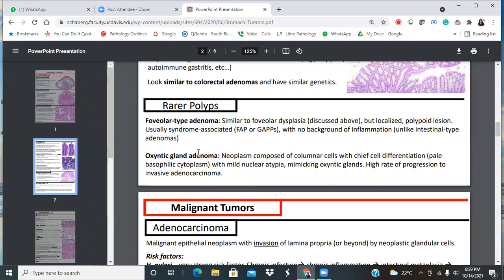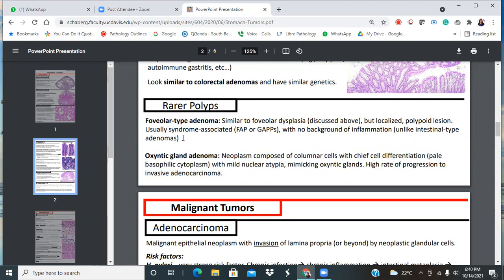Oxyntic gland adenoma, a neoplasm composed of columnar cells with chief cell differentiation, pale basophilic cytoplasm, and mild nuclear atypia mimicking oxyntic glands, with a high rate of progression to invasive adenocarcinoma. I haven't seen a case of oxyntic gland adenoma.